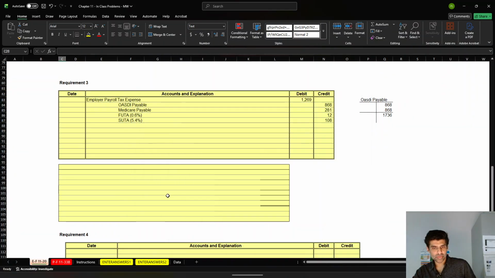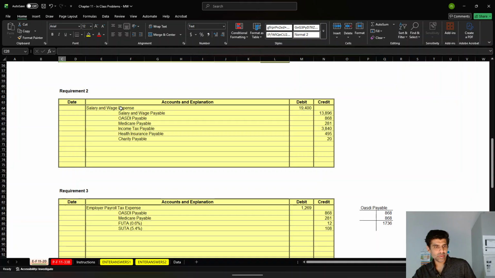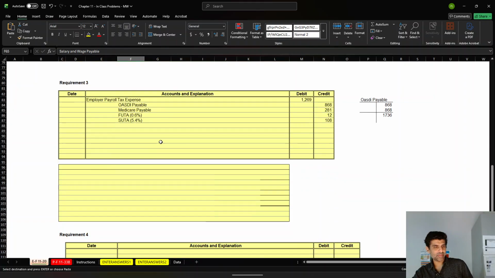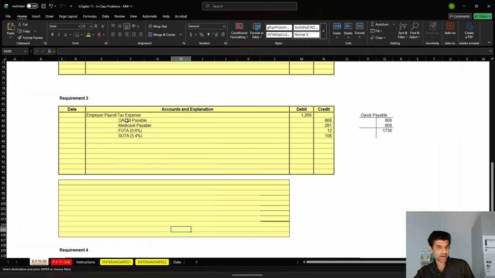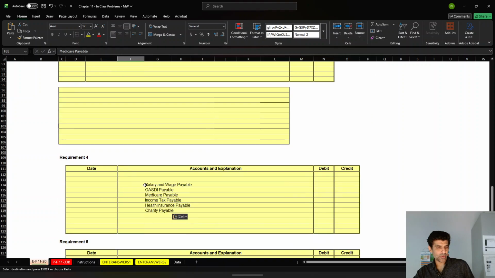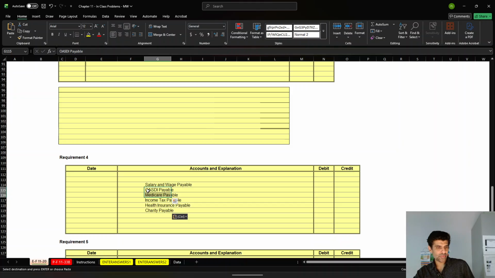Okay, so let's finish this off. Well, let's look at all the payables we have here. I have all of these. I'm just going to copy and paste these. And then in addition, what do I have? OASDI and Medicare are already here. Sorry, actually, the first journal entry is just the salary and wage payable.